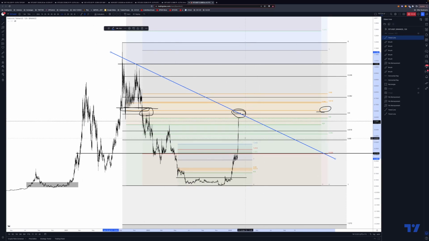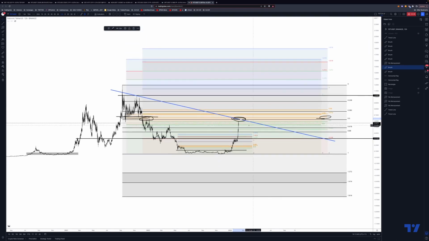But in today's climate, with AI as the big theme, this might just keep going. And there's no one who can really tell you how to trade this. It's difficult. If AI is going to be big, then we can look at it from this perspective. If I put that as one, you can see where I'm looking at the 1.618.